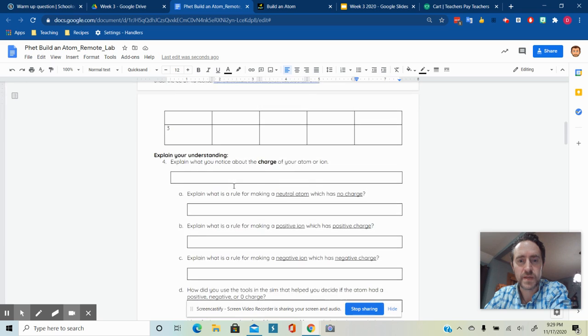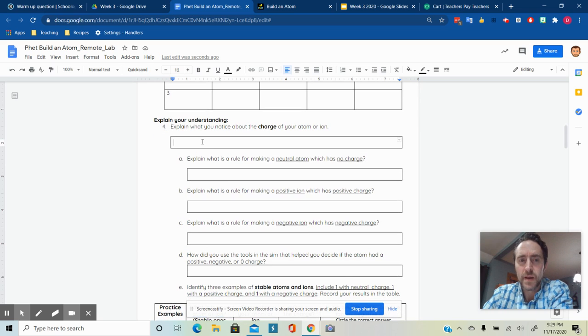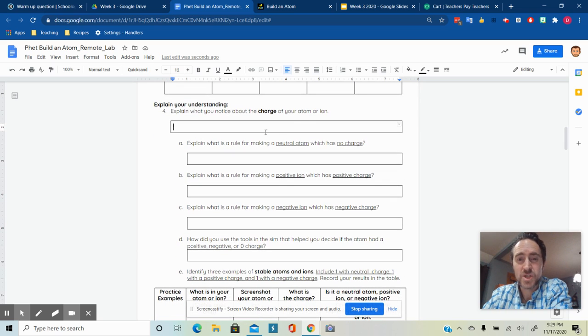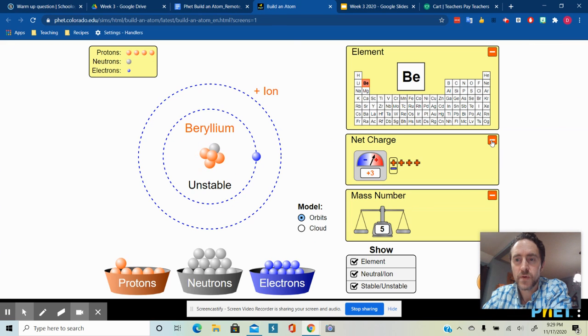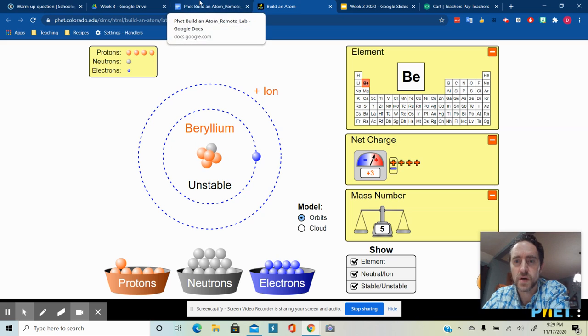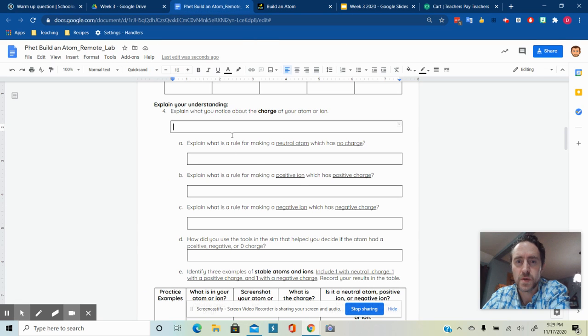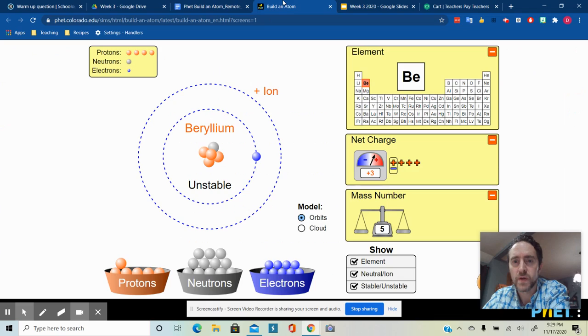So I'm going to have 3 different examples. Next, explain what you notice about the charge of your atom or ion. If you have this open, it's going to show you your net charge. Right now it's got a +3 charge. We could write something about that.